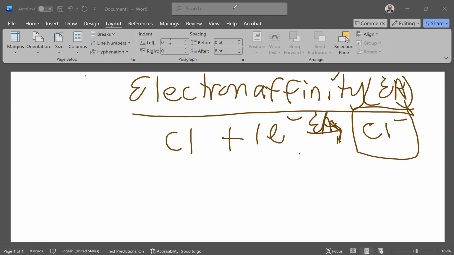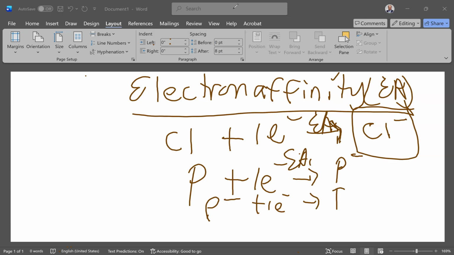Now, if you have non-metals such as phosphorus, you'll have three of those. For phosphorus, at the first step you get EA1, phosphorus one negative. Then the one negative takes another one, giving phosphorus two negative, and the two negative takes another one, and the last one is P3 negative.